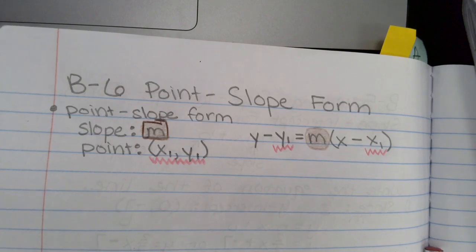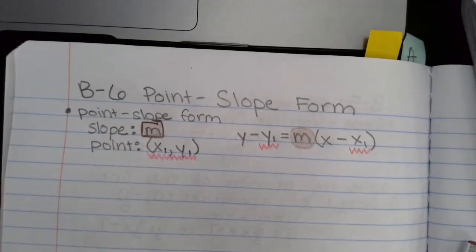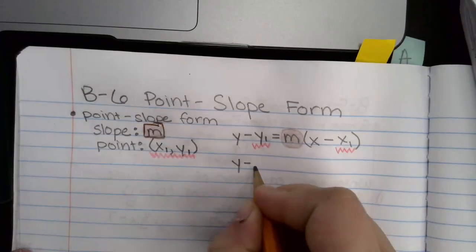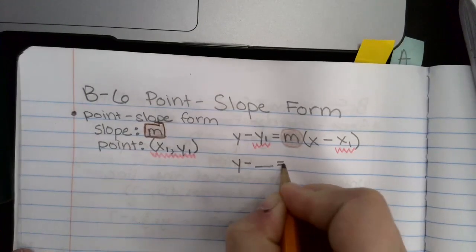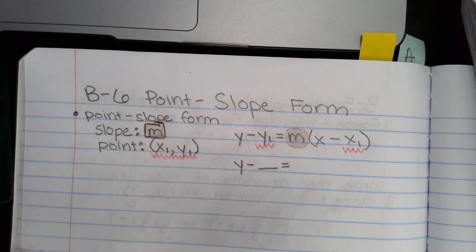Alright, so what it's going to look like is kind of goofy. We have to think about how we're filling in the blanks. Is that brown and pink? Y minus blank equals, so we'll fill in that blank with a point. We're not filling it in yet. We're just writing what it would look like.